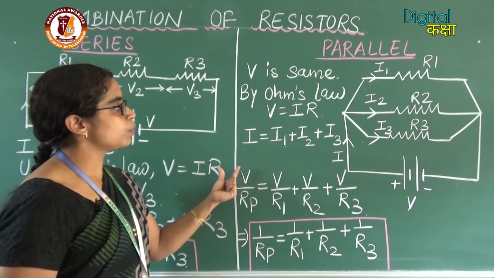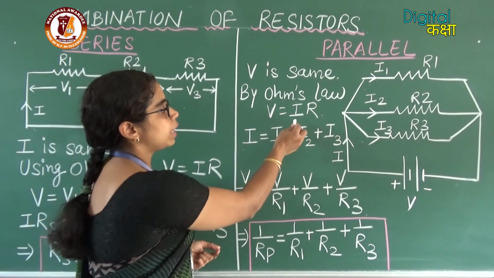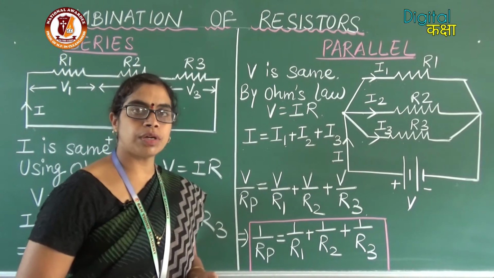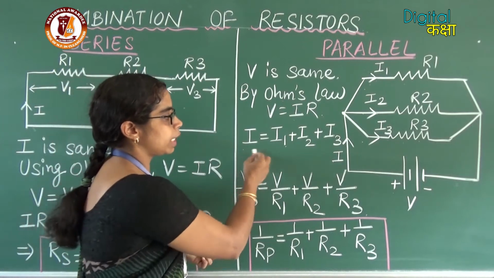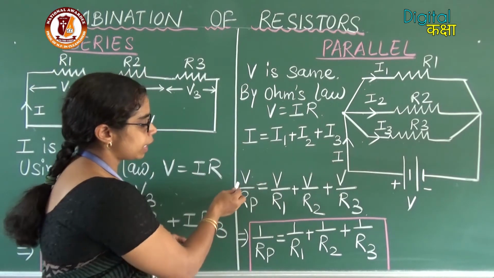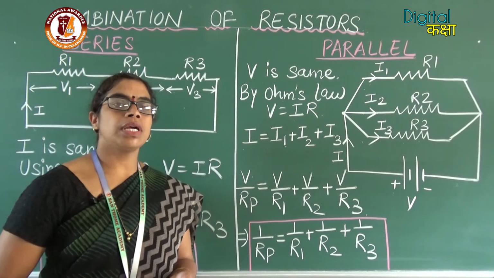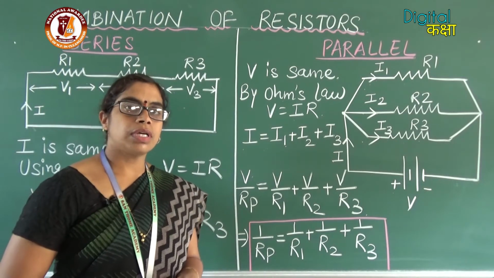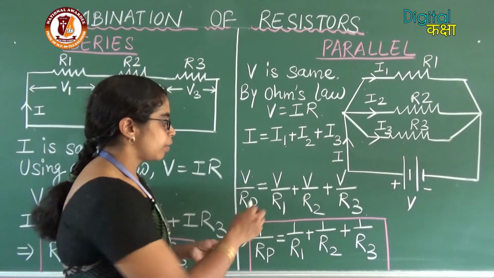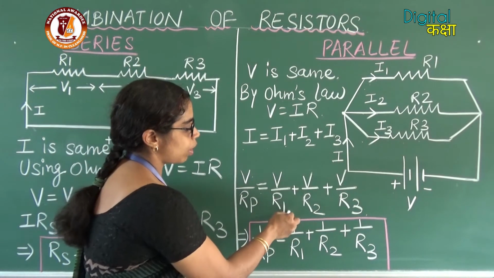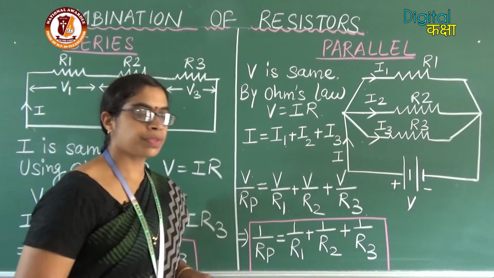Now, using the Ohm's law formula, I get the value of I to be equal to V upon R, which is substituted in this equation. So I get V upon Rp, where Rp is the equivalent resistance in parallel combination, equal to V upon R1 plus V upon R2 plus V upon R3.